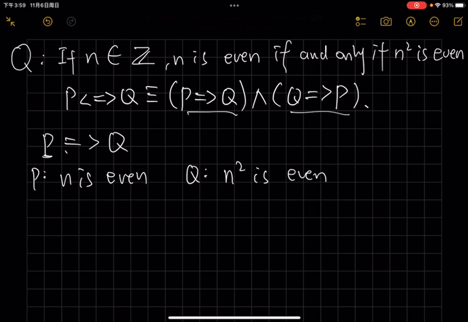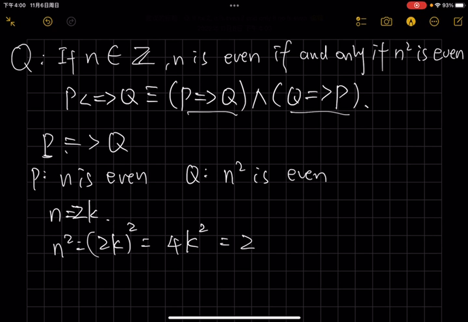So n is even. From definition 1, that means there exists an integer k such that n is equal to 2k, right? So now we need to prove n squared is even. So n squared is equal to this. We do some algebra, and we keep doing it.